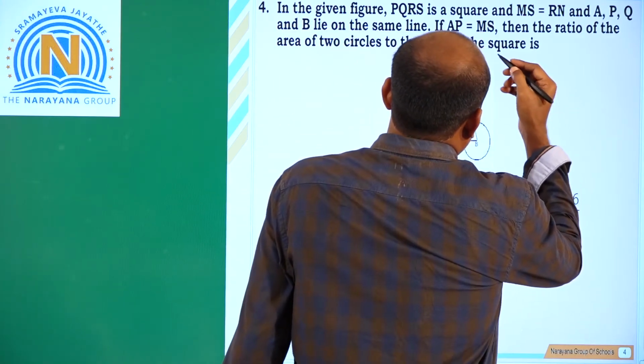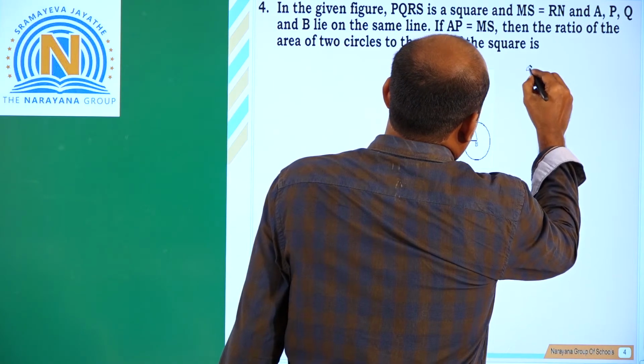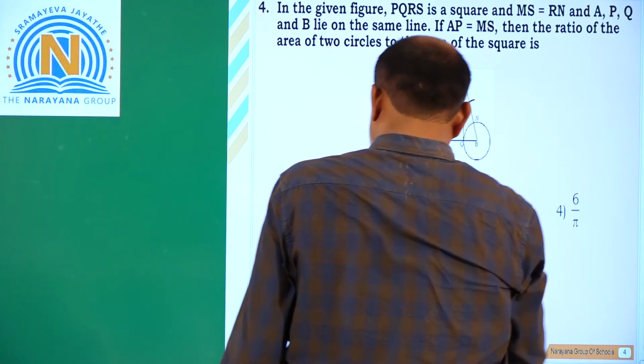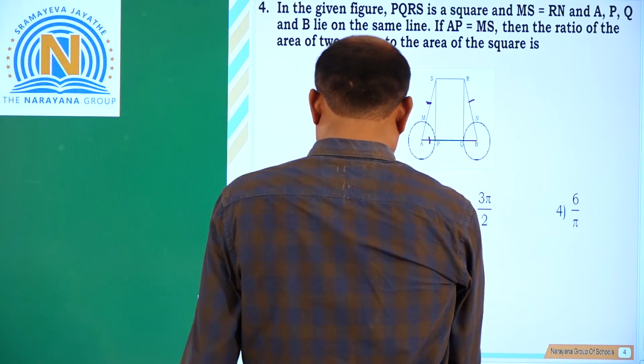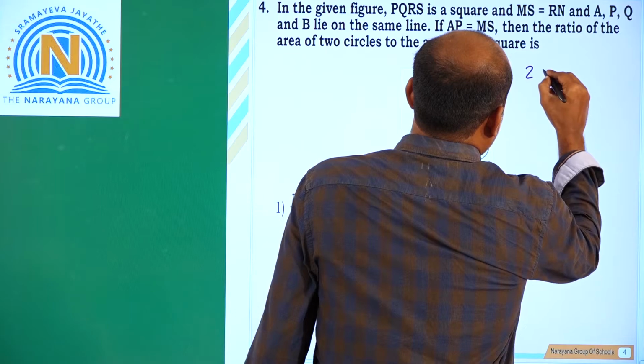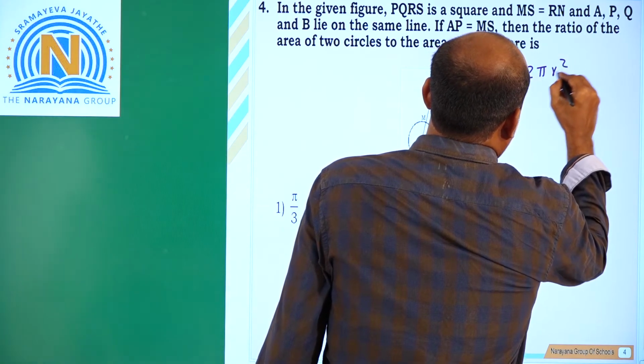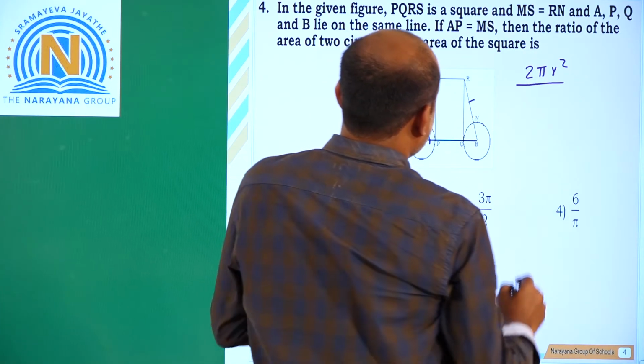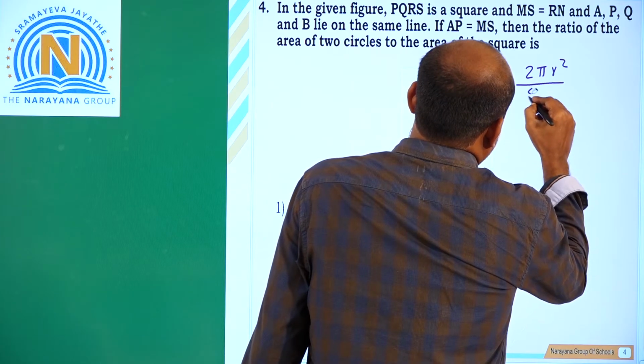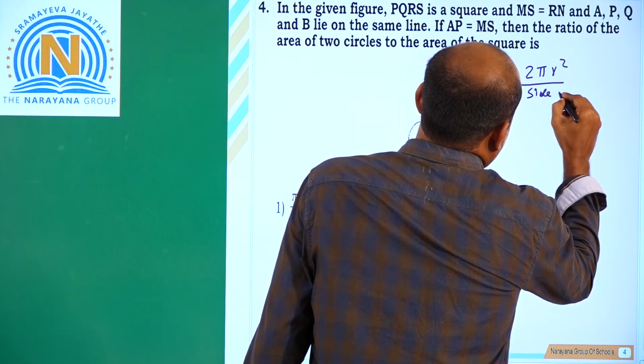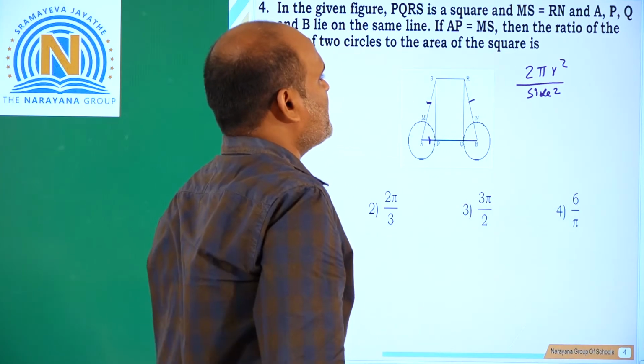What do you have to find? The area of two circles is nothing but 2 into pi r square, divided by the area of the square, which is side square.